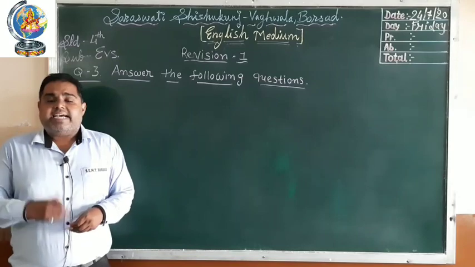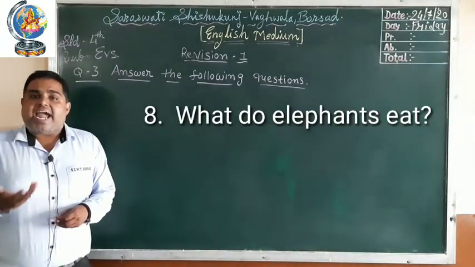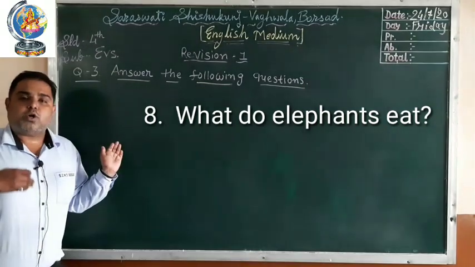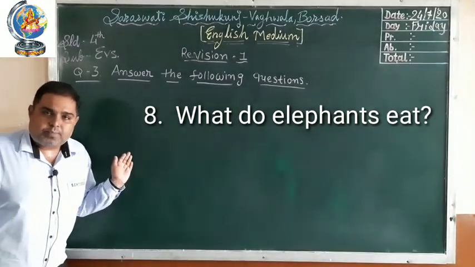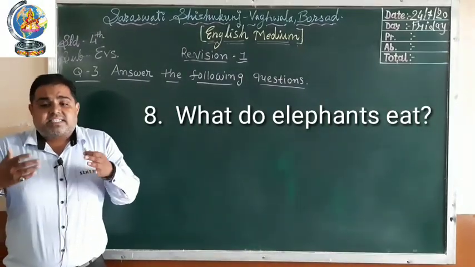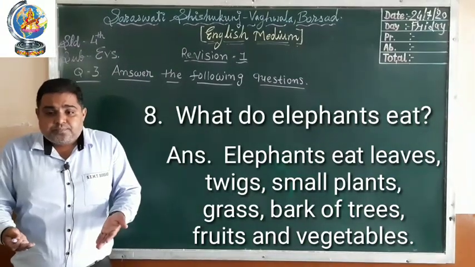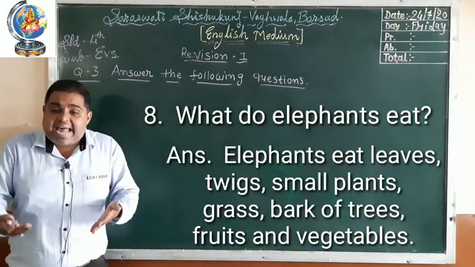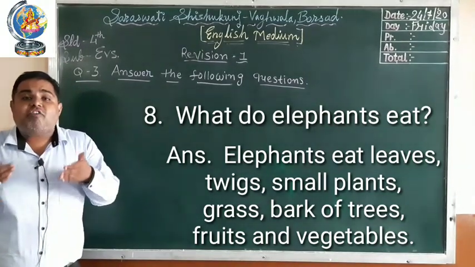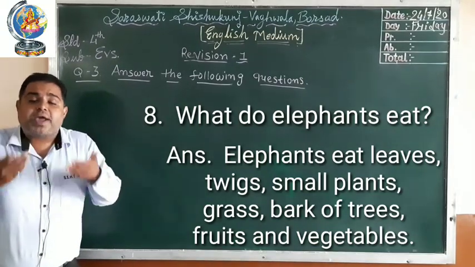Now, next question, that is question number 8, what do elephants eat? Once again, what do elephants eat? So the answer is, elephants eat leaves, twigs, small plants, grass, bark of trees, fruits and vegetables.